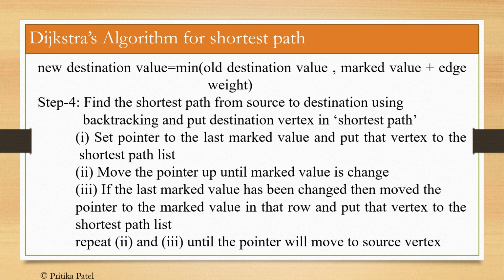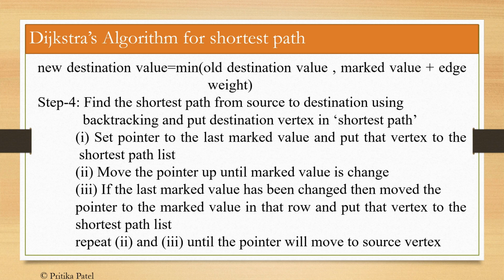Now next is step number 4, find the shortest path from source to destination using backtracking and put the destination vertex in the shortest path. The first condition is to set the pointer to the last marked value and put the vertex in the shortest path list. The second one is to move the pointer up until the marked value is changed.